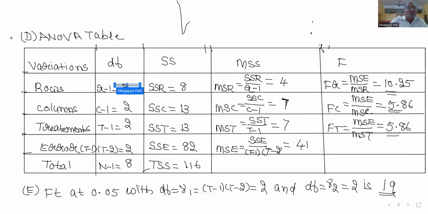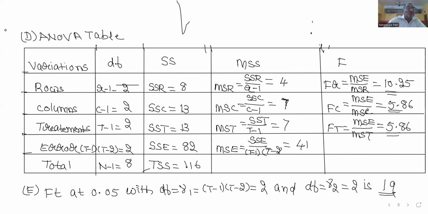SSR is already known, 8. MSS is SSR upon R minus 1. R minus 1 is 2. Then 8 upon 2, this is 4.